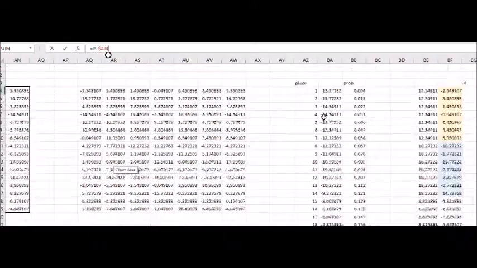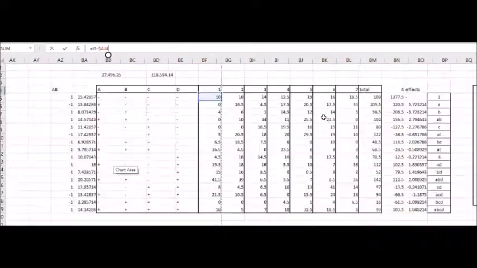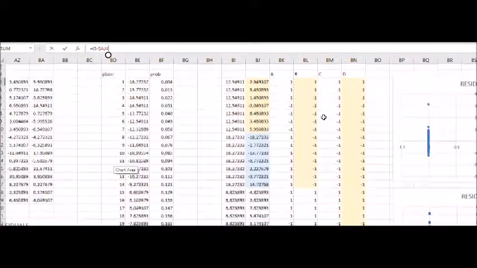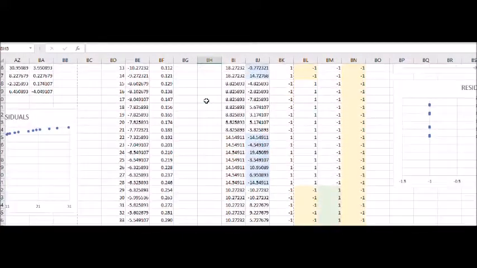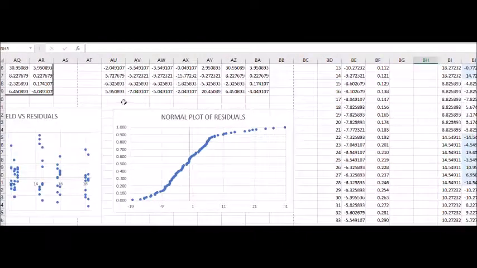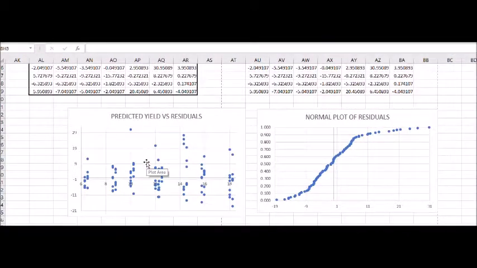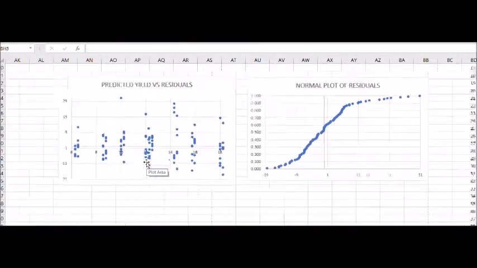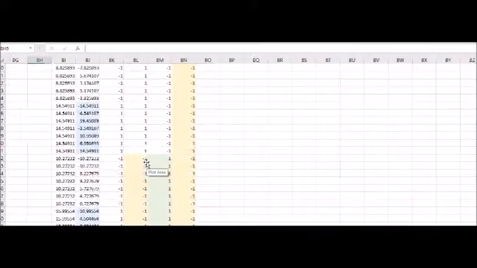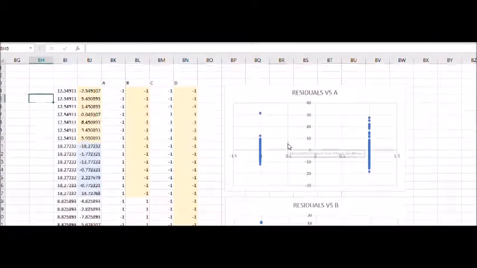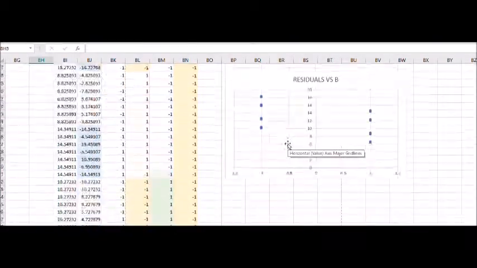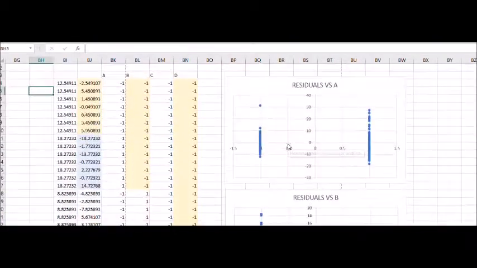Here we are going to sort them in ascending order too, and give them a place and a probability. So here is our normal plot of residuals. It looks okay. We can also plot the predicted yields versus the residuals, and each residual versus each factor, as you can see.